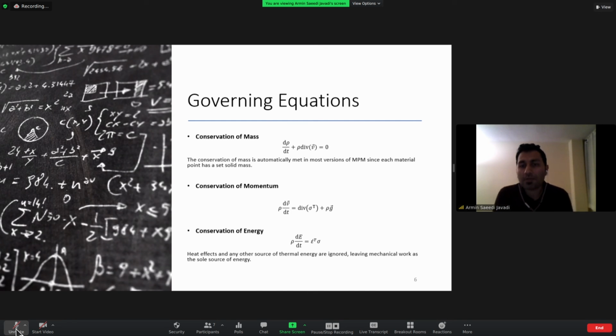We have conservation of mass, absolutely, but the conservation of mass is automatically met in most versions of MPM since each material point has a set solid mass and it won't change during our calculations. The core relationship in the MPM is conservation of momentum. And absolutely there is conservation of energy, which here we just use mechanical work as the sole source of energy, and we discard heat effects and other sources of thermal energy.